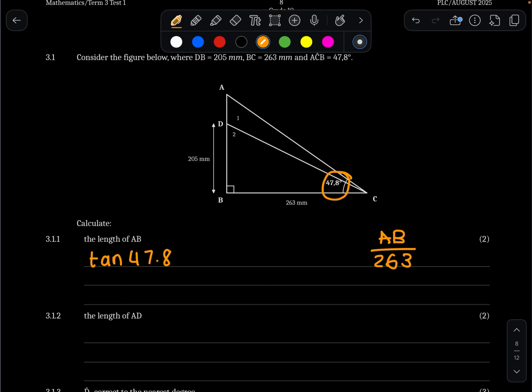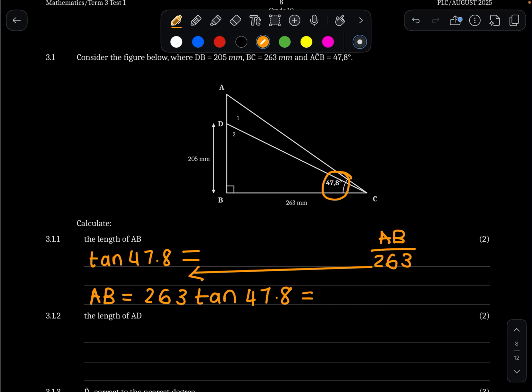So tan is equal to that. We can take that across. So we were dividing by 263, now we can times by it. So we're going to get AB is equal to 263 times tan of 47.8. And you can just plug that straight into your calculator.